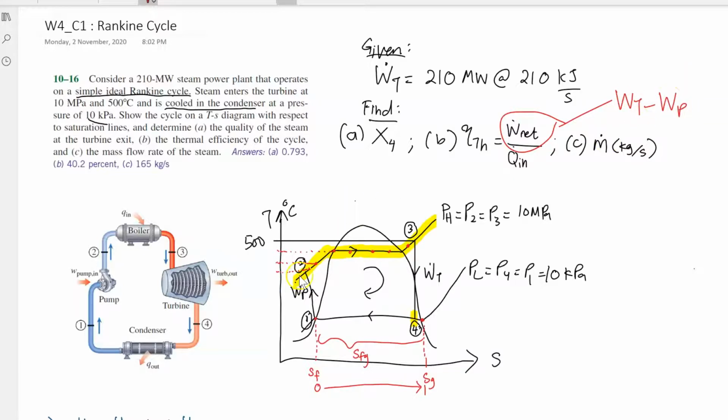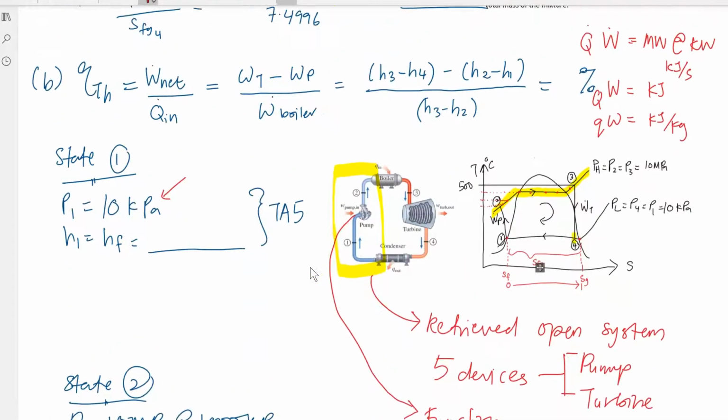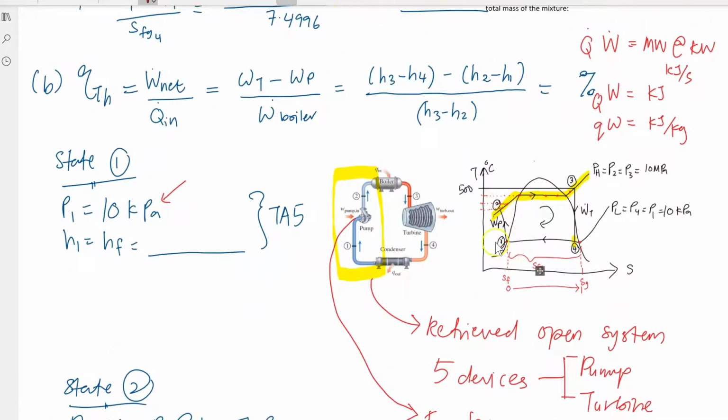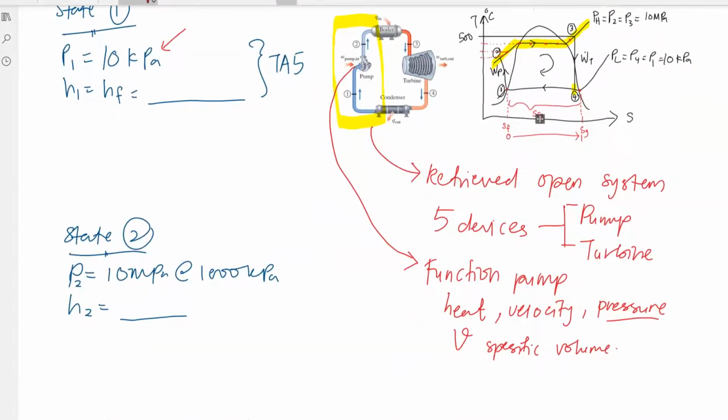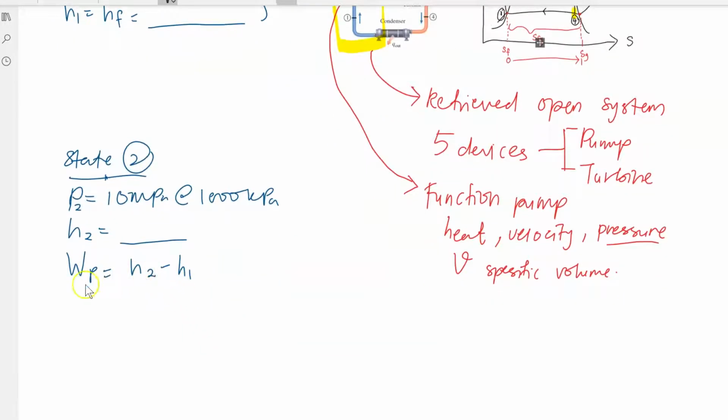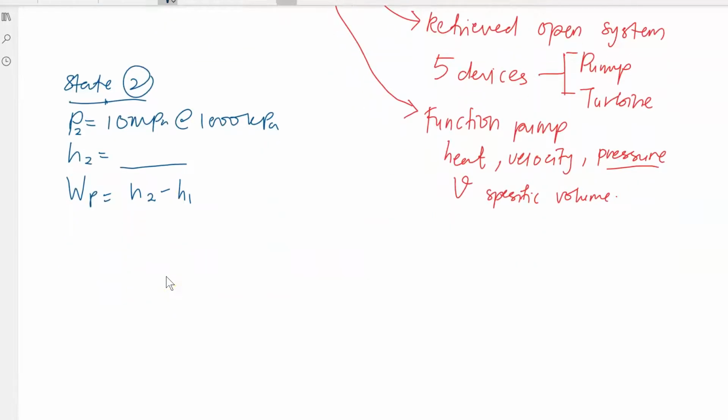If you have a look at your diagram over here, your work pump is in between state 2 and state 1. Hence, when you are looking for your work pump, you can write it as work pump is equal to H2 minus your H1, right? The energy that you are looking for in your pump can be represented by H2 minus H1.